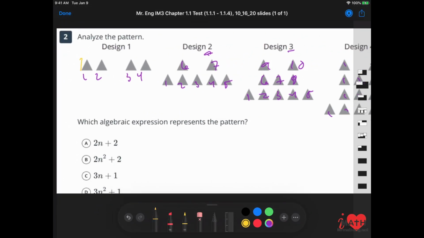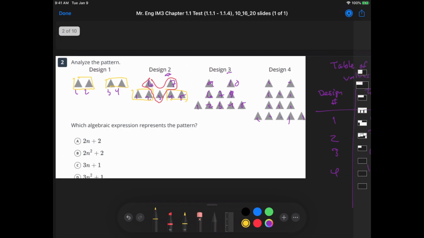Okay, here's my 2 in yellow, and then these 3 right here. And then you have the original design. So the original design had 5 and 2. These 5 is what was in the previous design, right there in yellow.